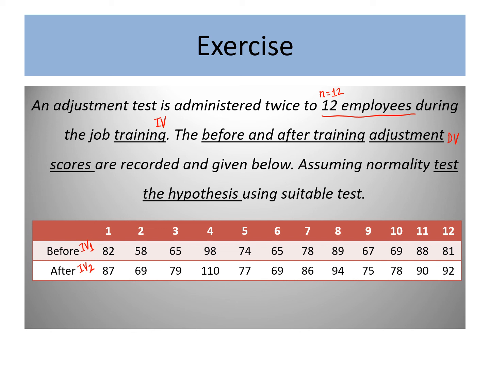So that is why you have to compute paired or dependent t-test, and the total sample size is 12. So that's why you have to consider small sample t-test. Over here, test the hypothesis.